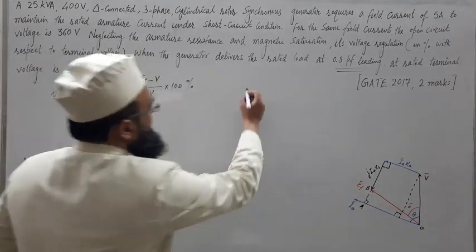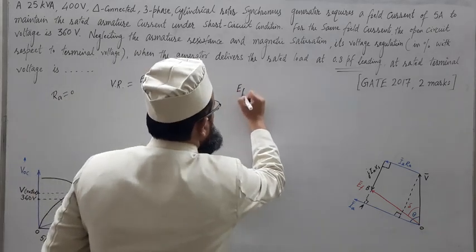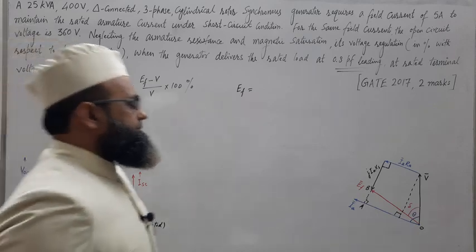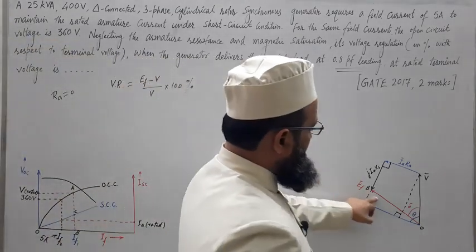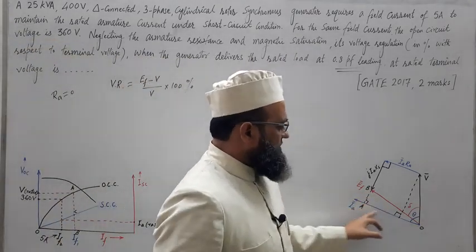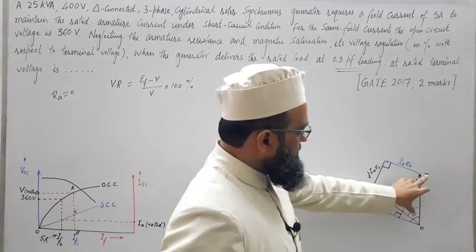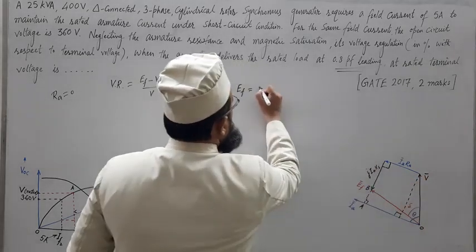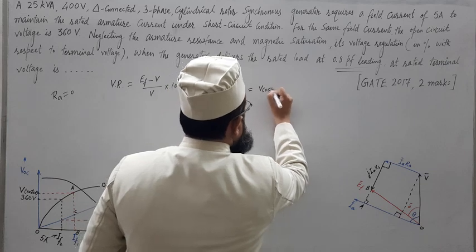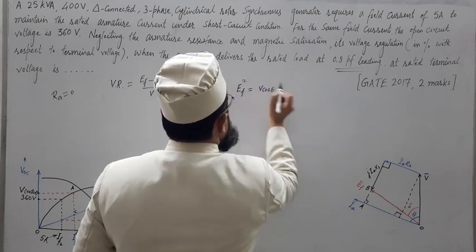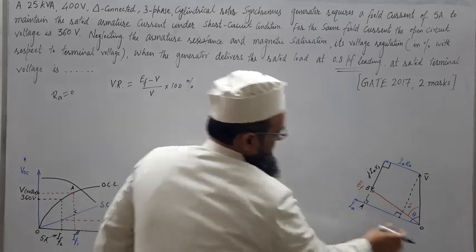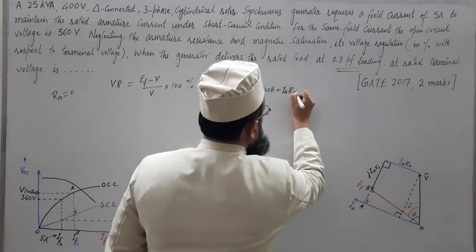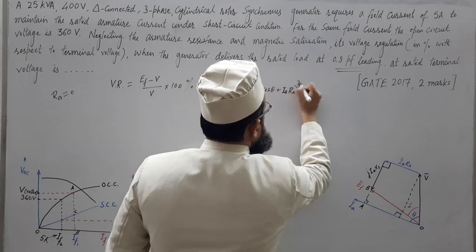EF will be, again I am writing here so that it will be good practice for you. You will not forget in exam. So what will be EF? This is the hypotenuse of this right angle triangle. So take the projection of this V along this IA, V cos theta. V cos theta, let us take a square, plus this is IARA, square.